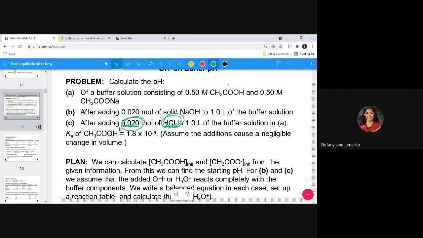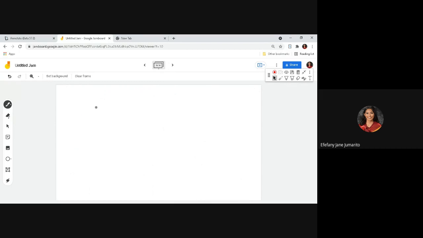What will happen if it reacts with your base? Your base will decrease because it will be consumed. And then we have this one: pH is equal to pKa plus log of base over the acid.